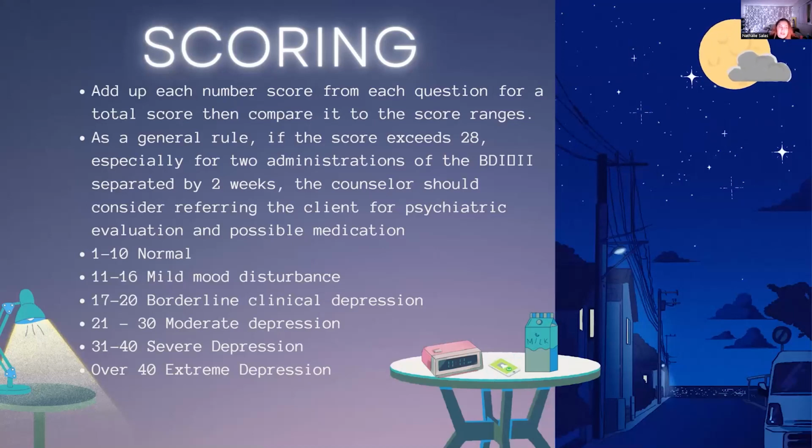And then according to our textbook, as a general rule, if the score exceeds 28, especially for 2 administrations of this inventory separated by 2 weeks, the counselor should consider referring the client for psychiatric evaluation and possible medication.